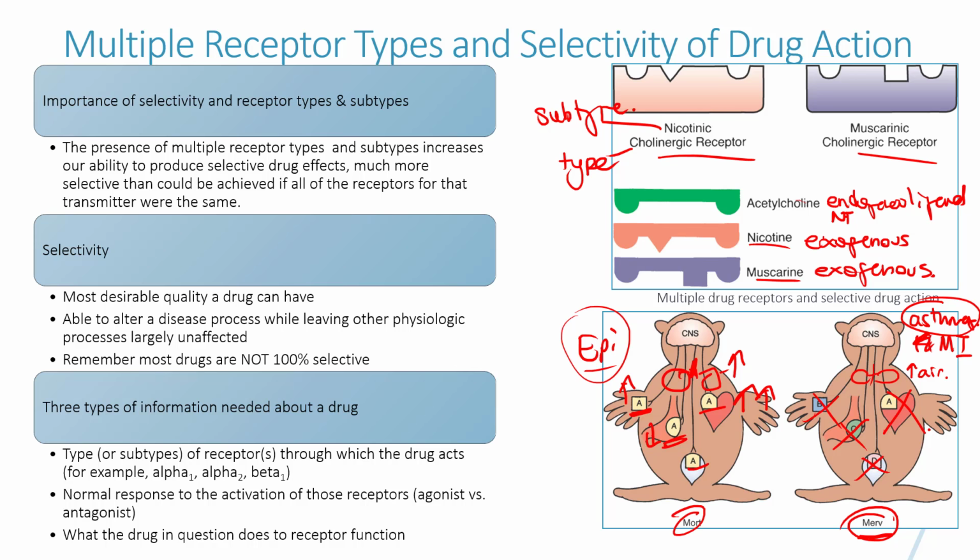Luckily for us, the bronchial smooth muscles in the airways have a very specific subtype of adrenergic receptors, and these are the beta 2 subtypes. So if you give Merv a drug that only affects the beta 2 receptors, it can selectively open up the airways and have no effect anywhere else, right?